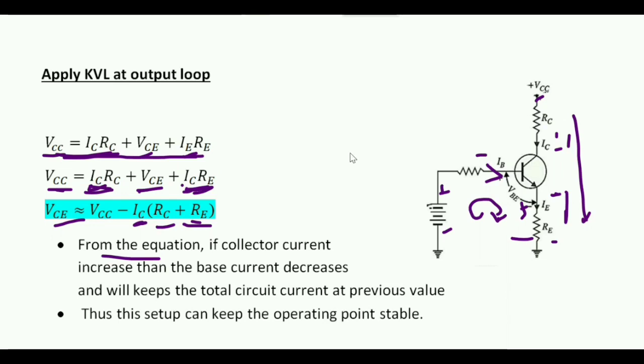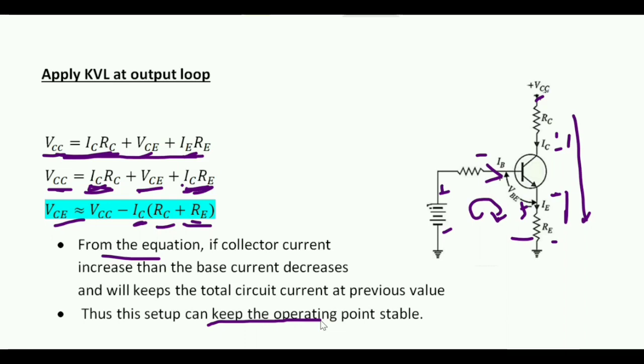From this equation, IE will be constant, because if IC increases then IB decreases. These two balancing conditions will keep IE near to the previous value. Thus this setup can keep the operating point stable even though the temperature increases.